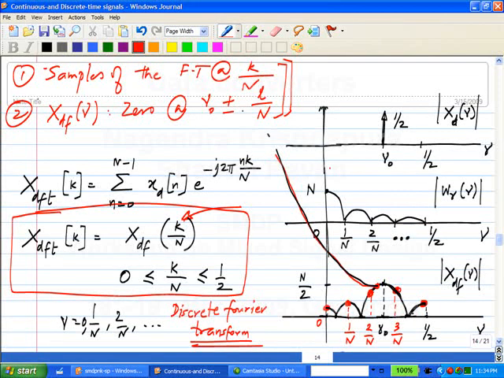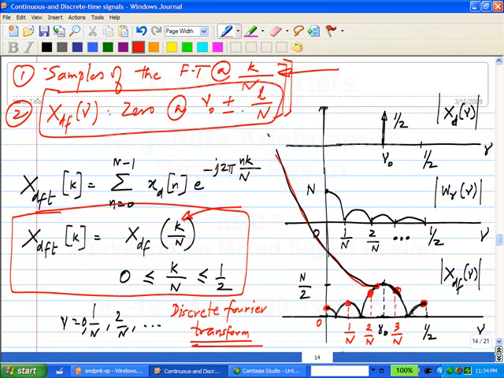Because for computational reasons I will compute it only at a certain number of points. The Fourier transform is computed at k by n. And from my previous observation I also saw that the Fourier transform with the continuous frequency happens to be 0 at the frequency of the sinusoid plus minus L by n. So now, is there some particular nu naught for which I will get the ideal answer?